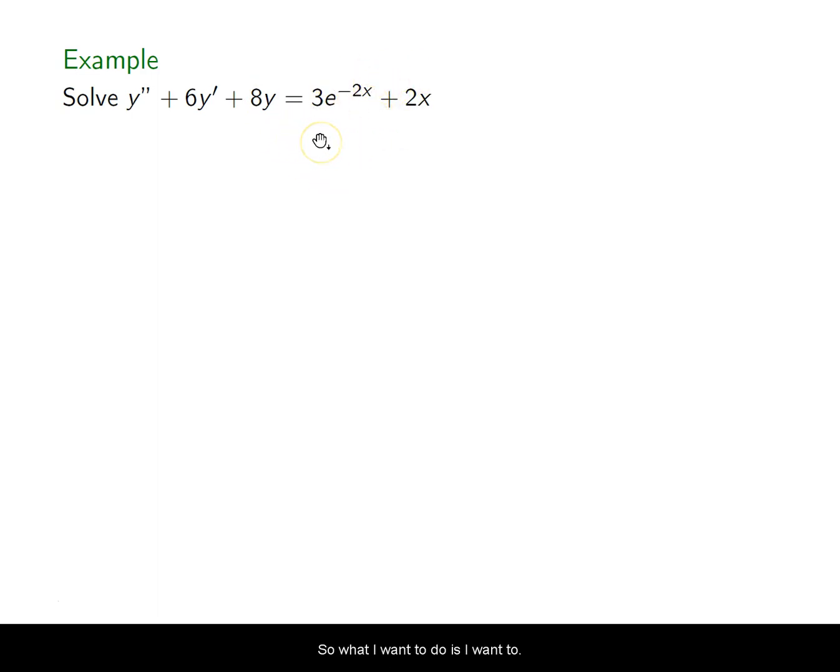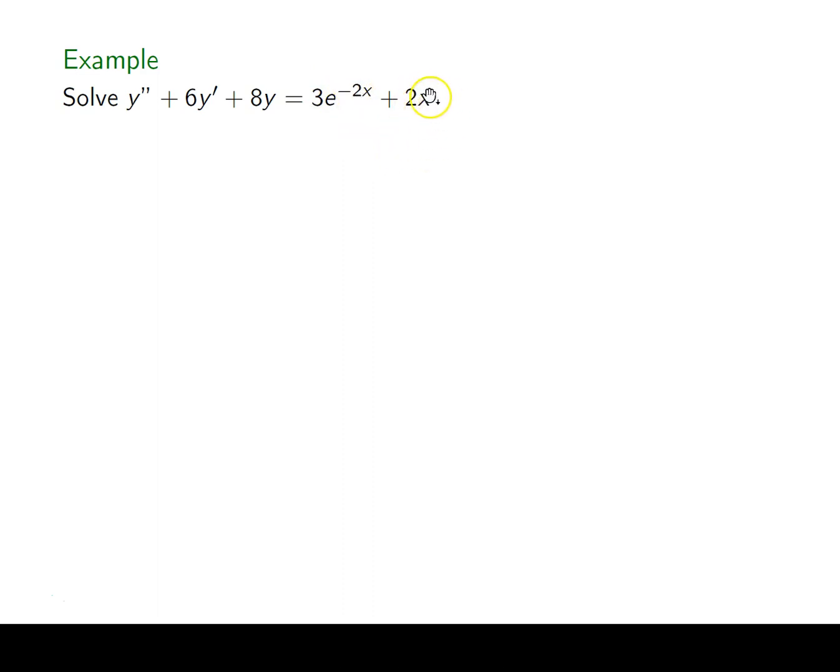So what I want to do is solve and think about what annihilates this. For the homogeneous portion, my y double prime will just turn into a d squared, this will turn into a d, and there is no operator for this portion. And then I'm just thinking about what annihilates these. So we know it's d minus whatever that root is.